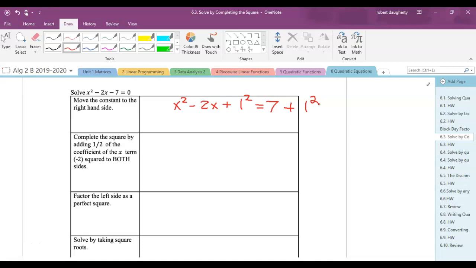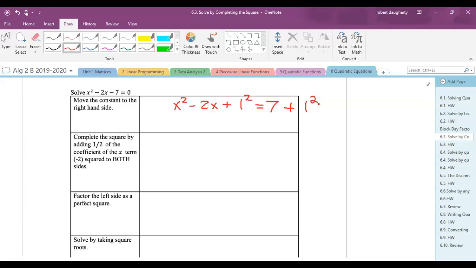Now, how does this factor? It's x minus 1 squared, because you're looking for numbers that multiply to 1 and add to negative 2. What numbers multiply to give you a 1 and add to get a negative 2? Negative 1 and negative 1. So this is x minus 1, x minus 1.